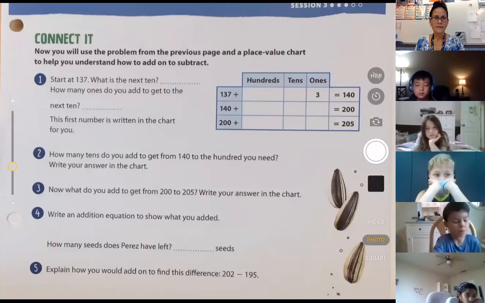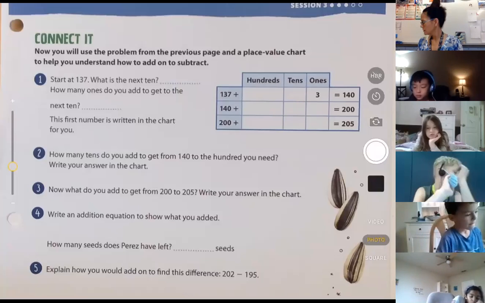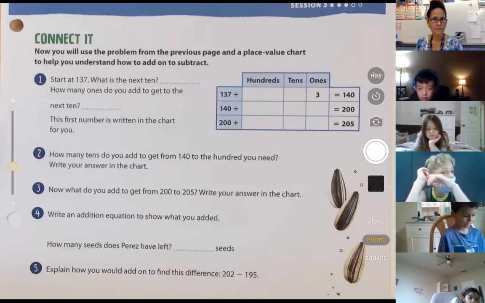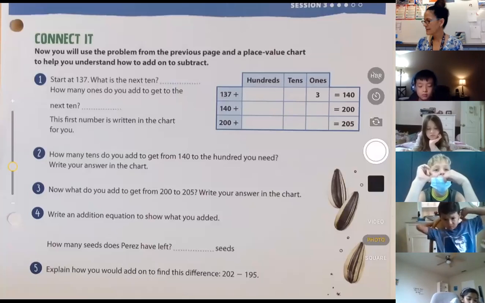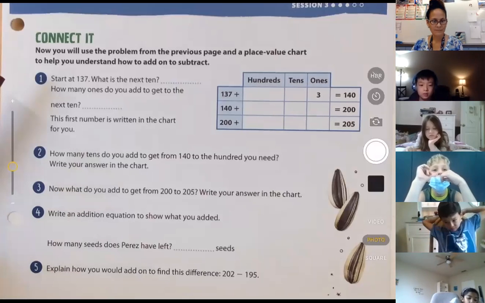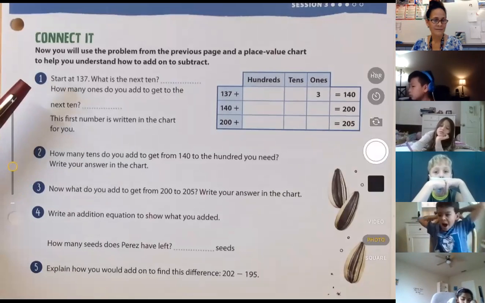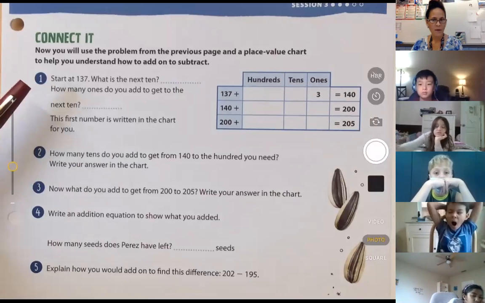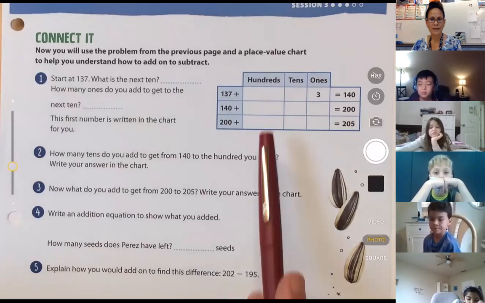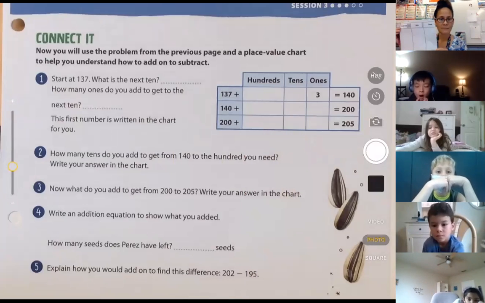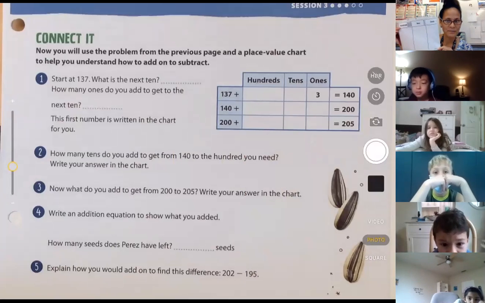All right, so what you are seeing on page 61 in your book is, again, the exact same problem with Perez's seeds. But now, instead of using a number line to add on, we are going to be looking at a place value chart, or this that's in your binder.